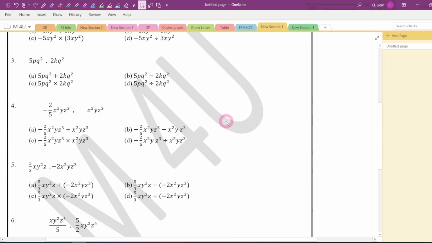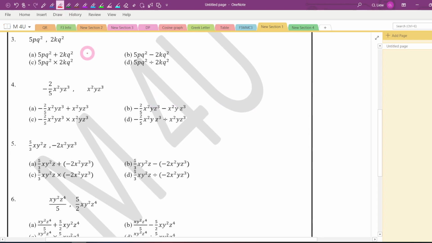Now let's try question number 3. This is 5pq squared and 2kq squared. Are these two like terms? No, unlike terms. Their variables are different. The variables for this term are p and q.